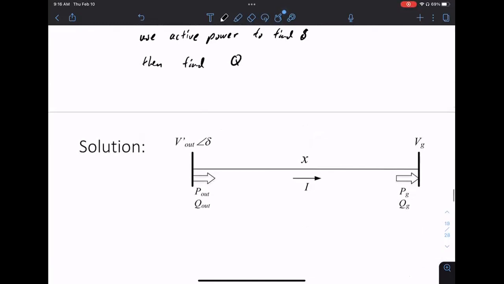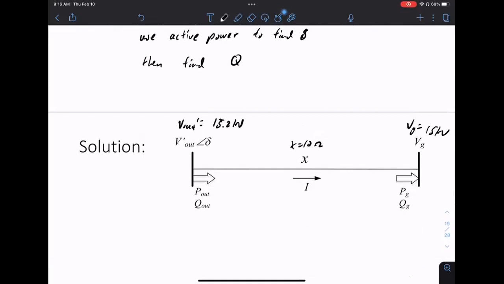All right, so that's the problem we have. If you look at the solution, again, we know VL prime. This is 15.2 kilovolts, X is 10 ohms, and the grid is 15 kV.